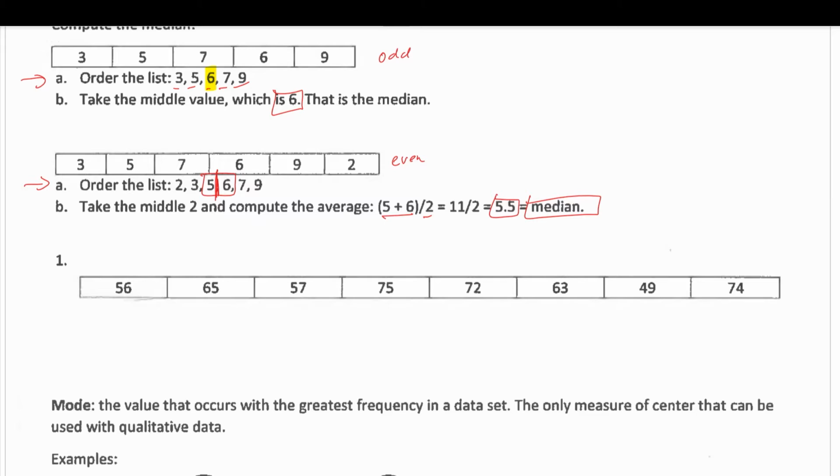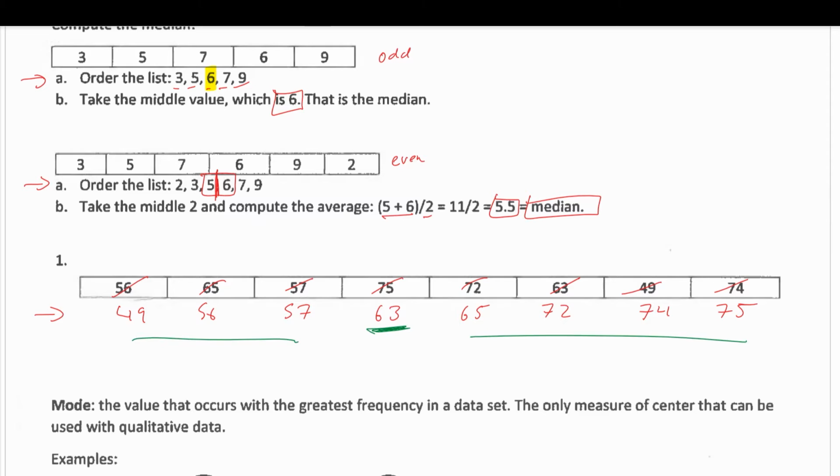Okay. First order of business is to sort the data. And how many values do we have? Well, if I count them, I get 1, 2, 3, 4, 5, 6, 7, 8. All right, so since I know it's 8, half of 8 is 4. So it's not going to be the fourth one, you see? Because if that's the fourth one right there, that splits it into 3 and 4.